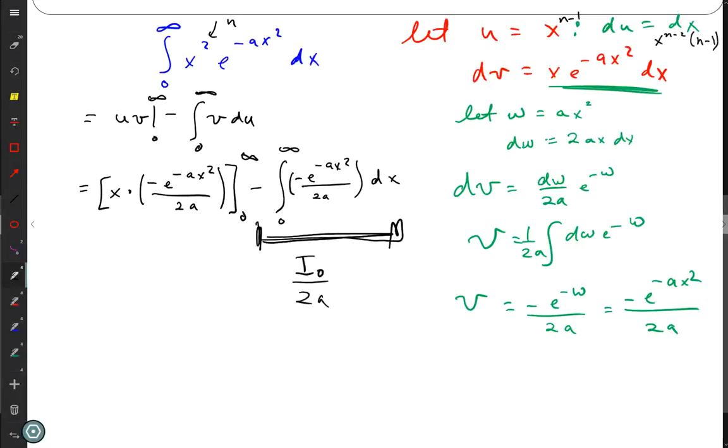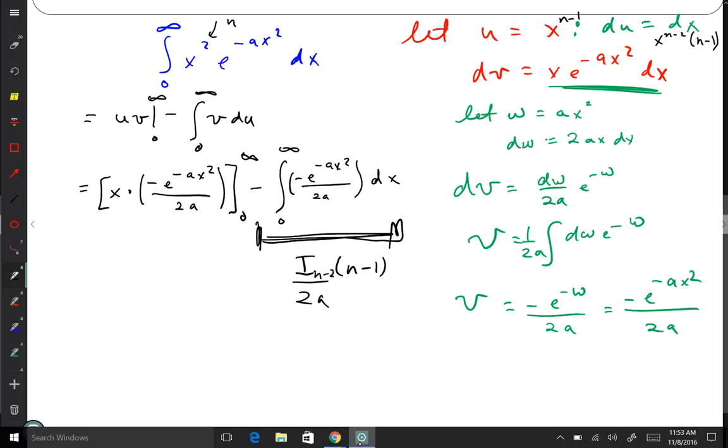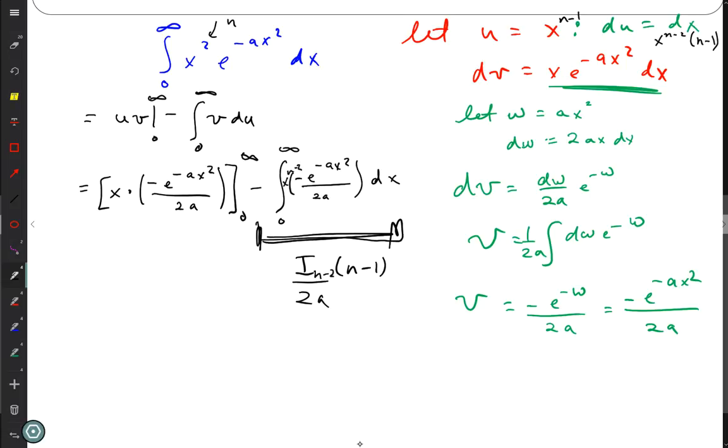But in your worksheet, because of having the n minus 1 there, you have n minus 1 multiplied by it, and instead of I to the 0, it's I to n minus 2. So you have those changes. I should have remembered to put n in there, and then it would have come out, but I didn't want to do the whole problem again just for that. So there's all the corrections made now.